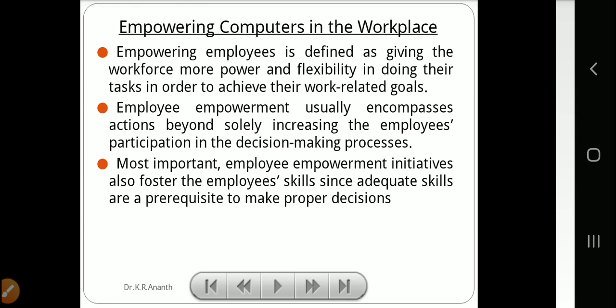This also encompasses action beyond solely increasing the employees' participation in the decision making process. Another major point related to employee empowerment is that it promotes employee skill, since adequate skills are conditioned to make proper decisions.